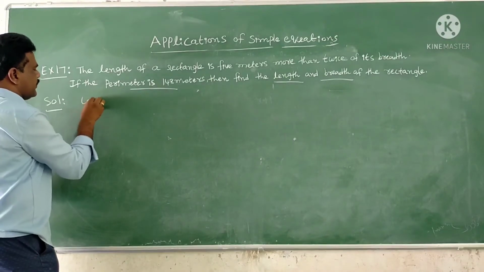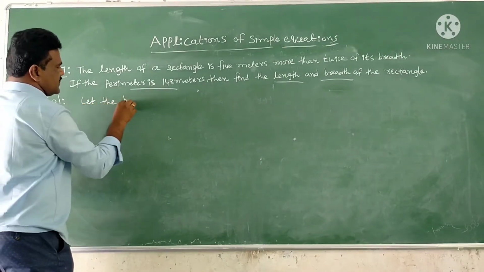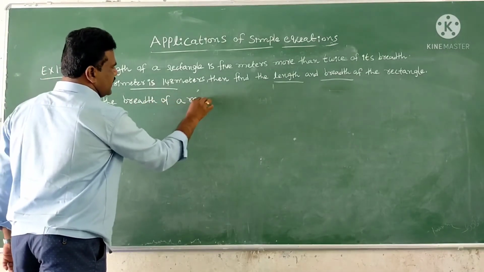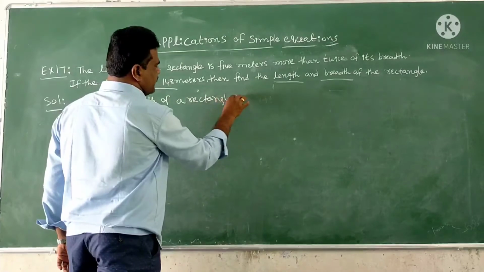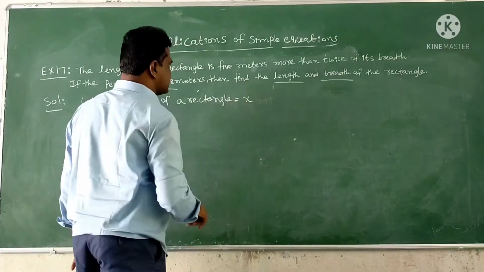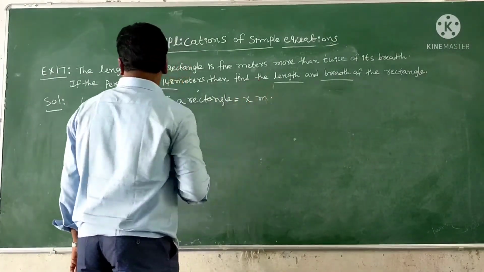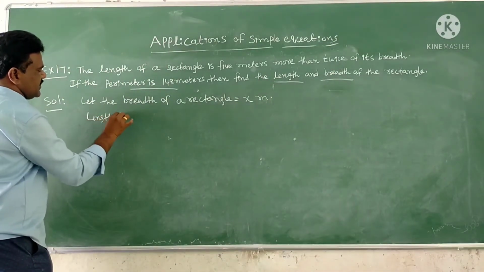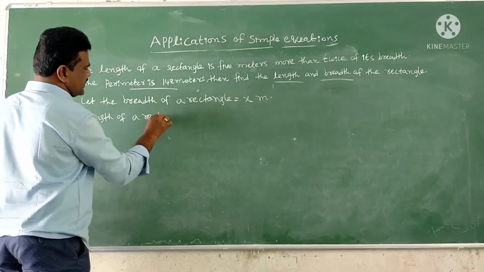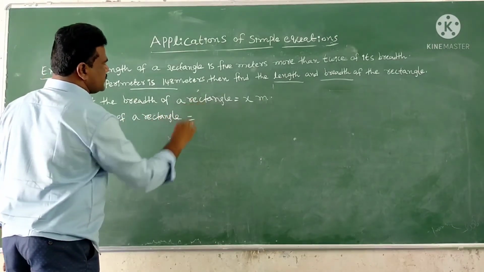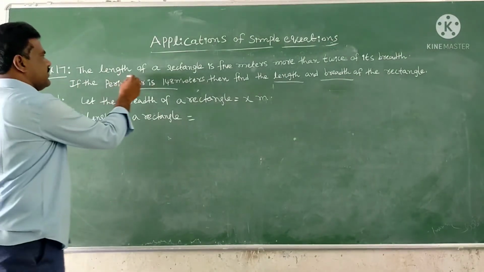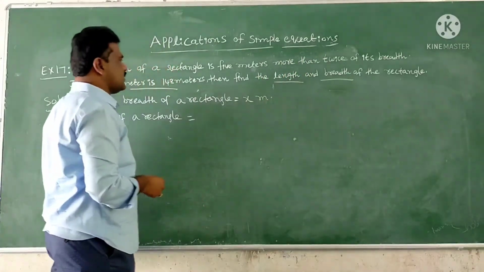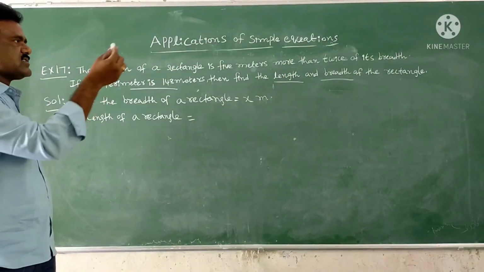First, the unknown quantity. Let the breadth of the rectangle be x meters. Then the length of the rectangle: the length is 5 meters more than twice its breadth.